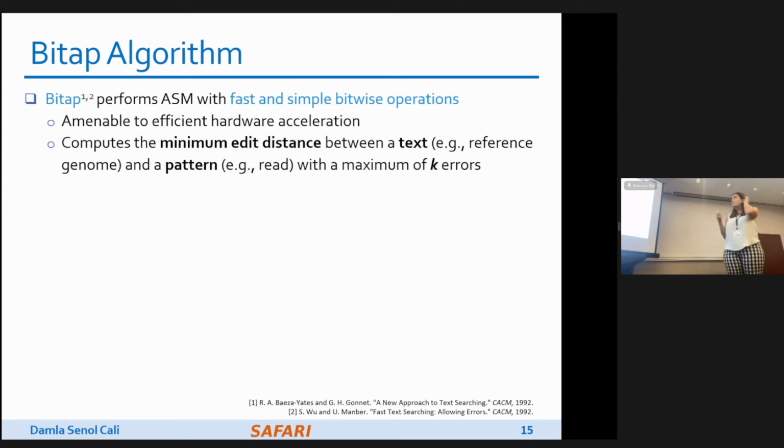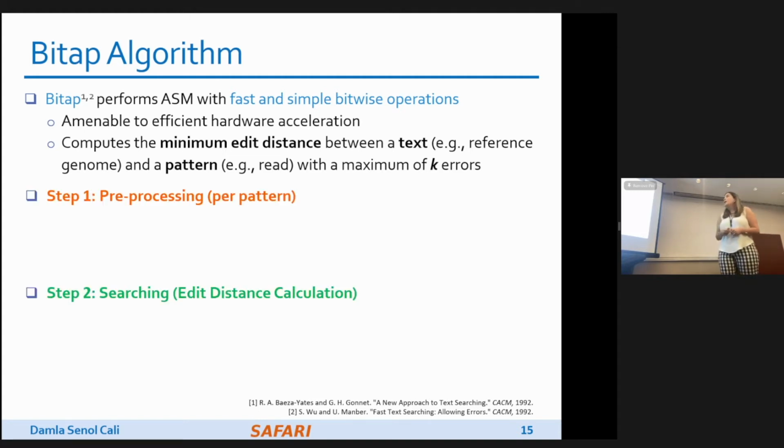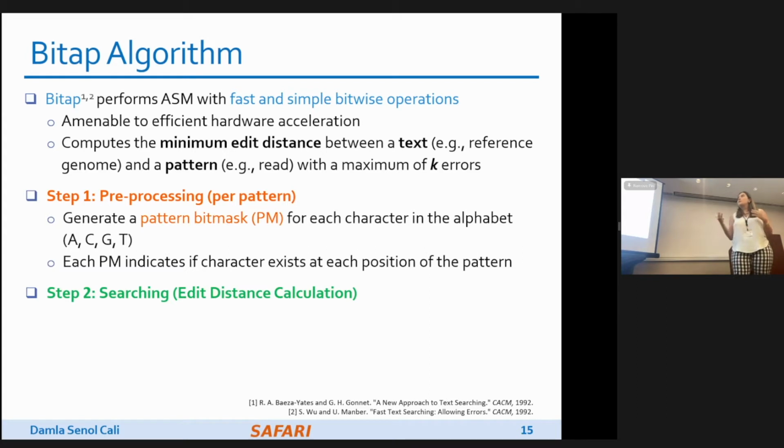And since it is an ASM algorithm, it computes the minimum edit distance between a text and a pattern with a maximum of k errors. So one detail here is we have to define the k errors. That's the threshold we want to tolerate. And it has two steps, one pre-processing step where we convert the query pattern into its binary format by generating a pattern bit mask for each character in the alphabet, ACGT in our case.